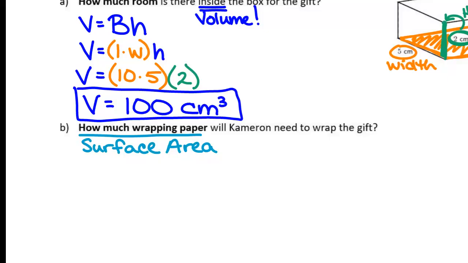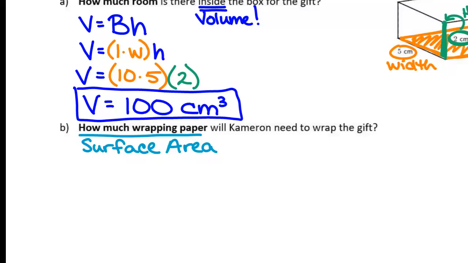Lateral area is the same thing as surface area, but minus the base. So on my pyramid here, it would be just the triangles. I would not include the square that's on the bottom. On this hexagonal prism, the lateral area would be just these rectangles around the sides. That would be the perimeter times the height. I would not include those 2 hexagon bases. Does that help? Good.